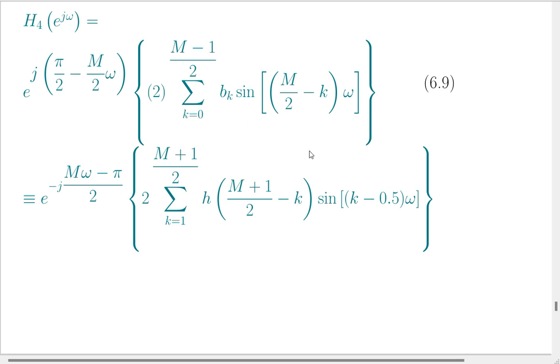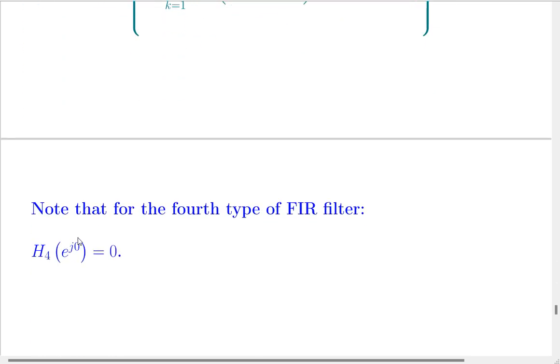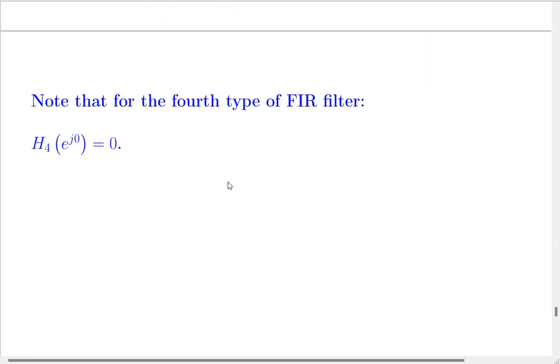You see every detail here related to H4. Note that for the fourth type of filter, we will have H4 of e to the power of j0 be 0, preventing passing of zero frequency.